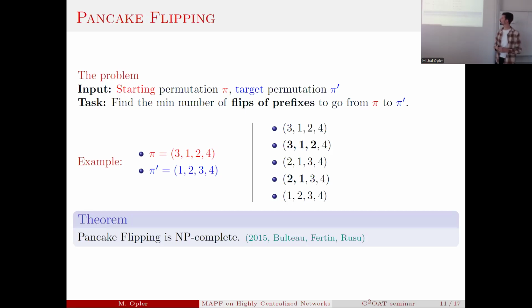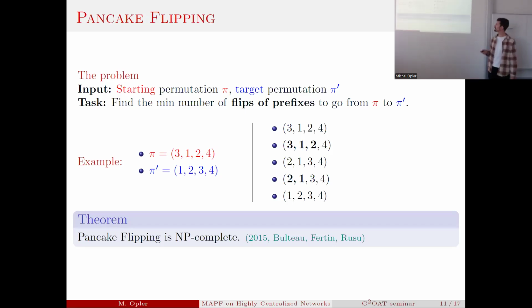It's also an interesting fun fact about this. But only very recently, in 2015, these three authors showed that it is actually NP-complete to decide, if I give you the permutation and the number of prefix flips, whether it's actually possible to sort it or not. And this is the problem that we will be reducing to multi-agent path finding.